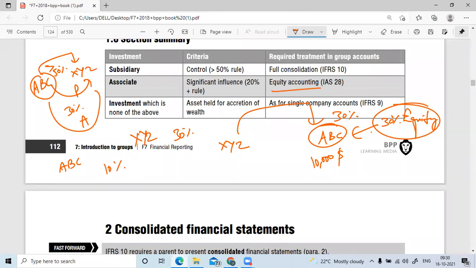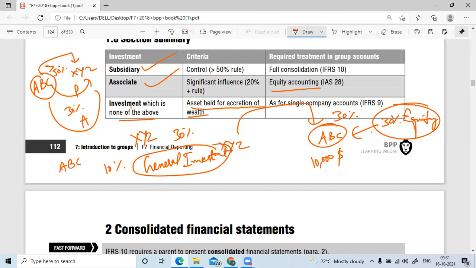Non-controlling interest. No, that is just called a general investment. It's a non-controlling interest. Absolutely right. But in general terms, we say general investment. So an investment which is none of the above, not in these categories, is generally an investment made for improvement in wealth conditions, that is, an asset held for accretion of wealth.